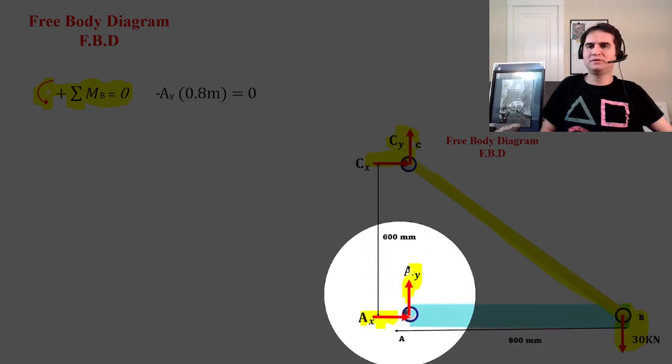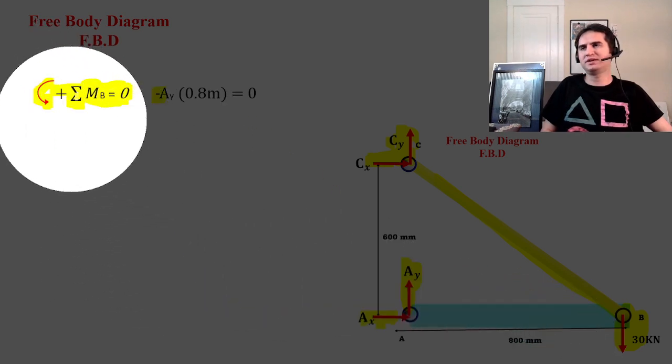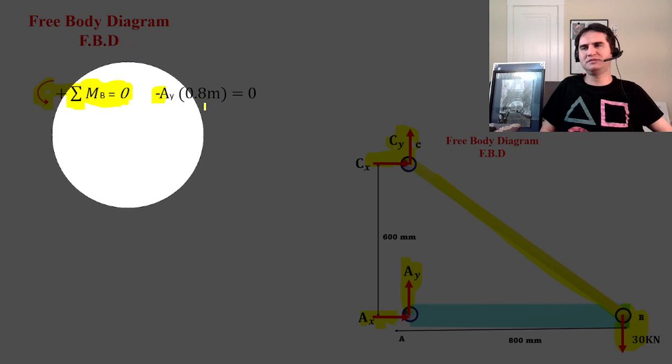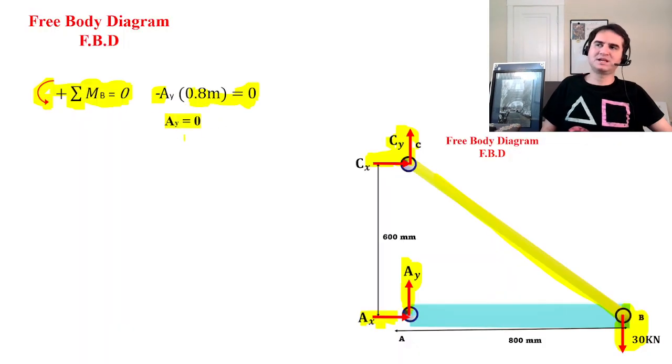The only component which develops a moment about B is Ay, so negative Ay, since counterclockwise is the positive direction, times 0.8 meters goes to 0. It just gives us Ay is 0.